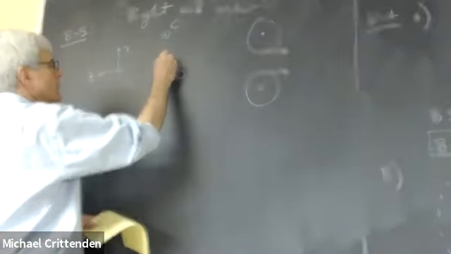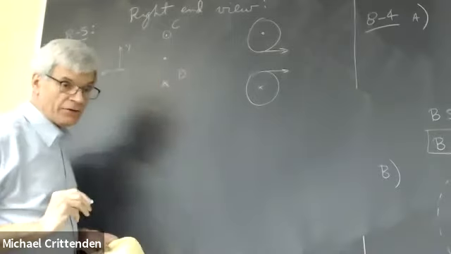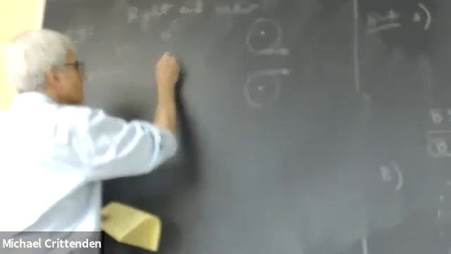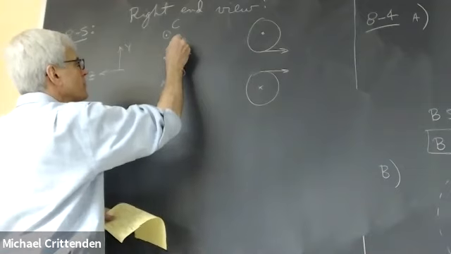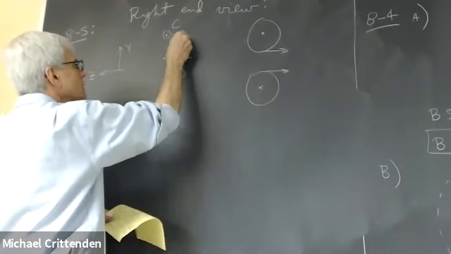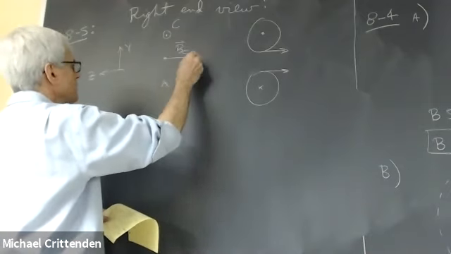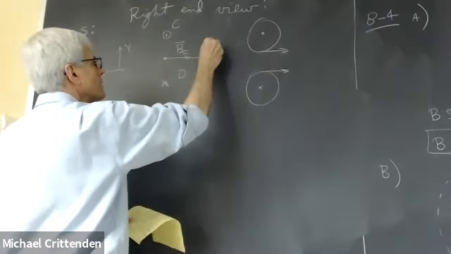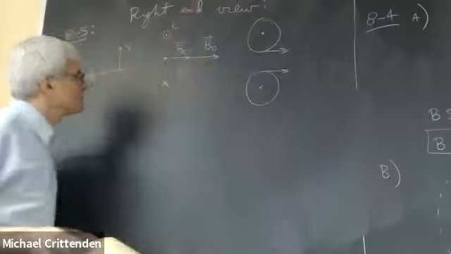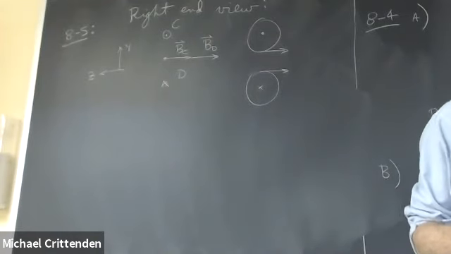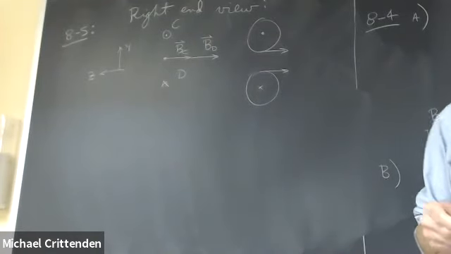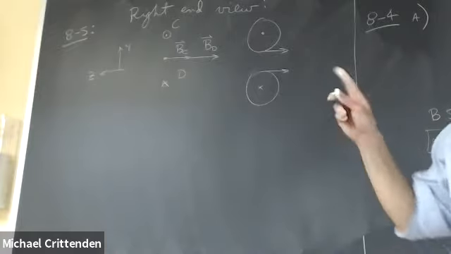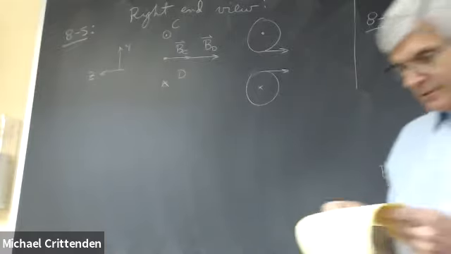So at this point that the question asks about, the field from C points in the negative z direction, and the field from D points in the negative z direction. So all we have to do is figure out each one of those and add them together.